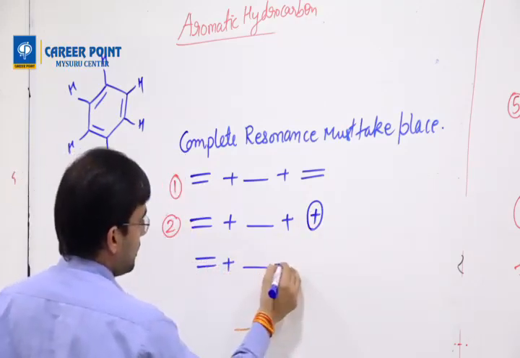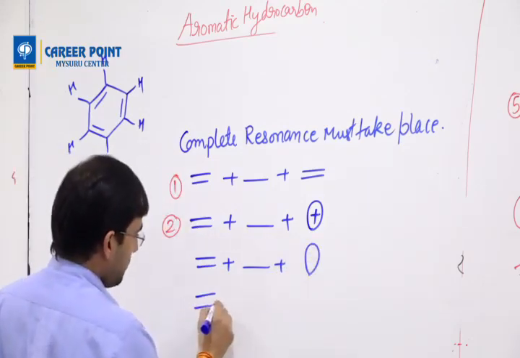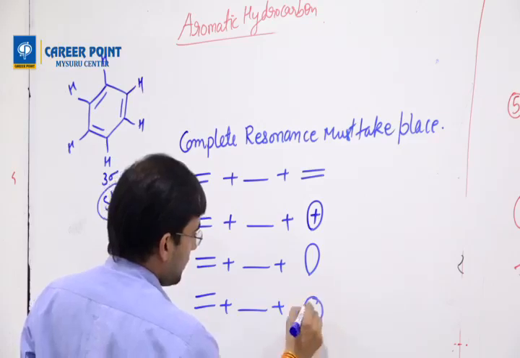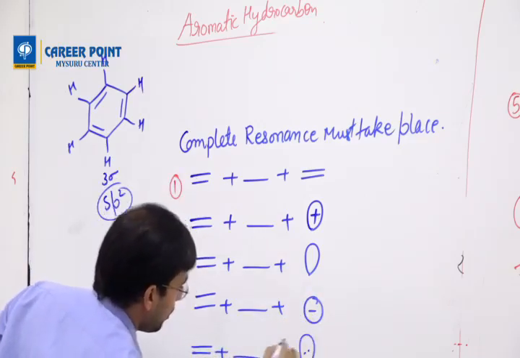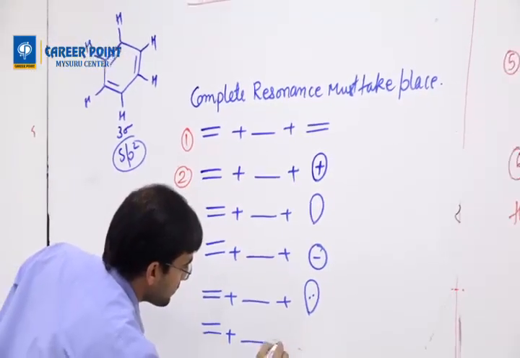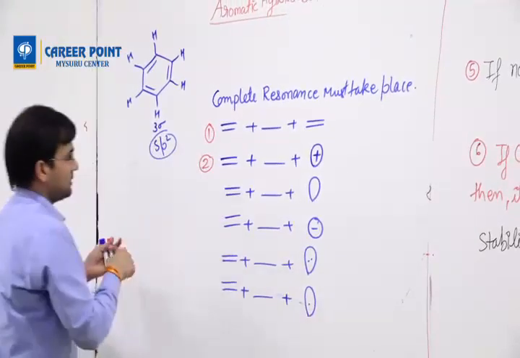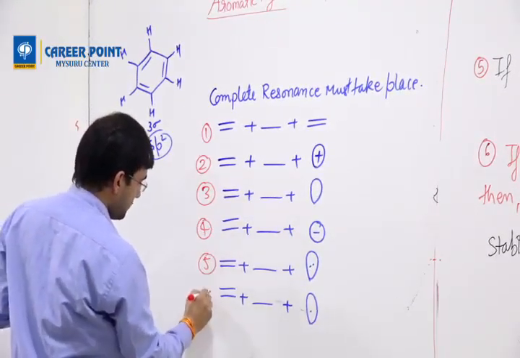Double bond, single bond, vacant orbital. Double bond, single bond, negative charge. Double bond, single bond, lone pair. Double bond, single bond, free radical.